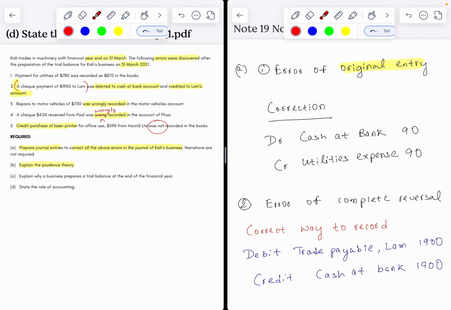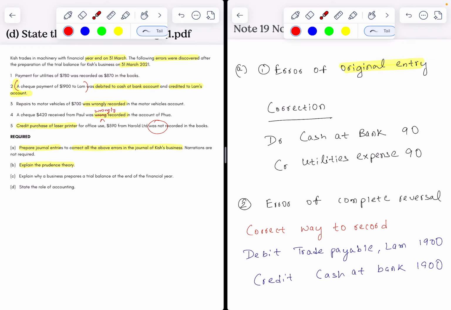So the original journal entry that was done in the books by the bookkeeper for payment of utilities would be to debit the utilities expense by $870 and to credit the cash at bank account by $870.